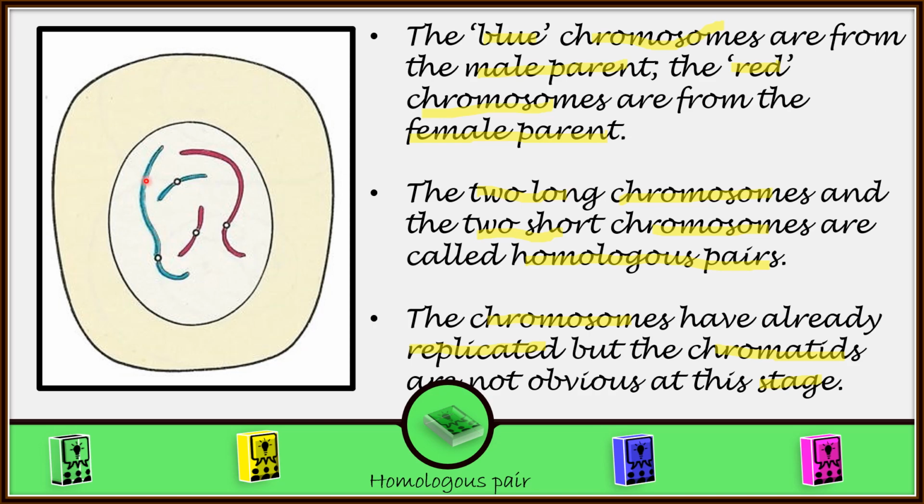This one will make a copy of itself, and this one will make a copy of itself. They will stay together as one chromosome, but they are two copies. Those copies we shall call chromatids. So this chromosome will have two chromatids, and this one will also have two chromatids.